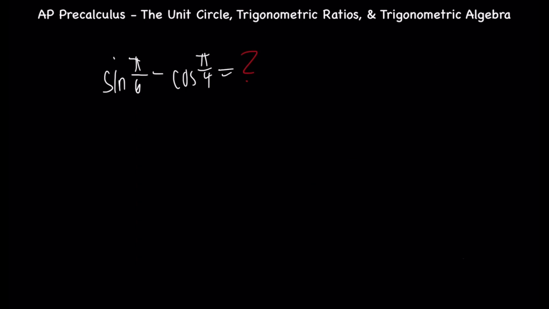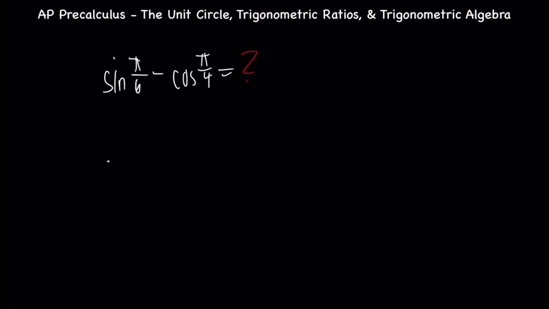So suppose you want to find the value of sine of pi over 6 minus cosine of pi over 4, and you want to find the value of that. You're basically subtracting. We went over the unit circle briefly. If you're not really familiar with this problem, it's probably because we didn't go over it too well, but I'll walk you through this.